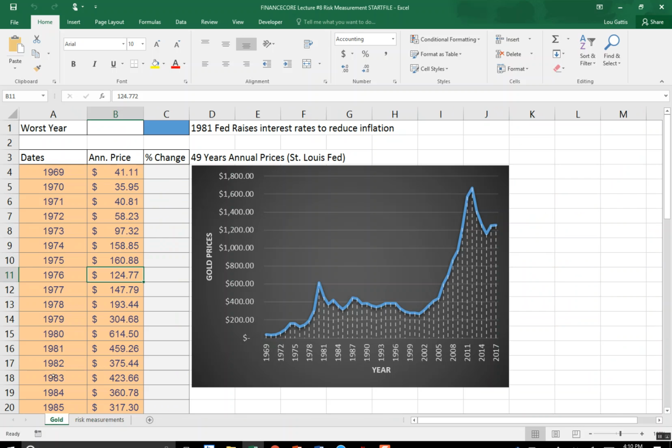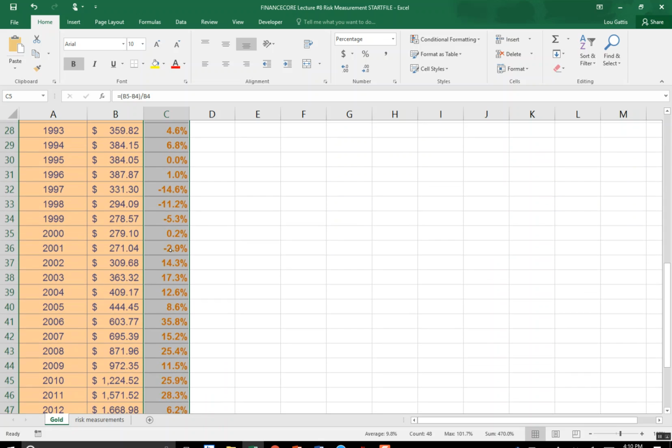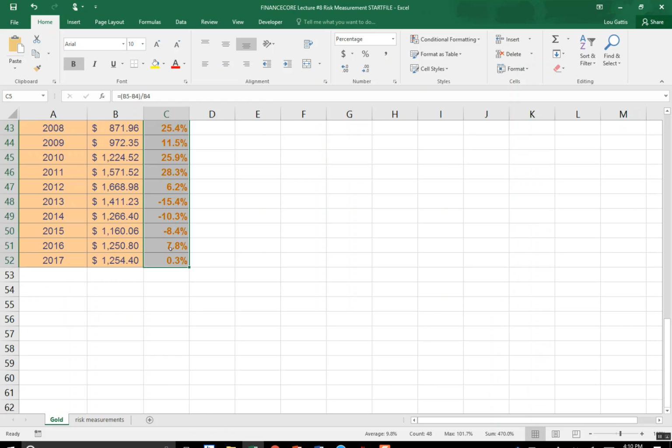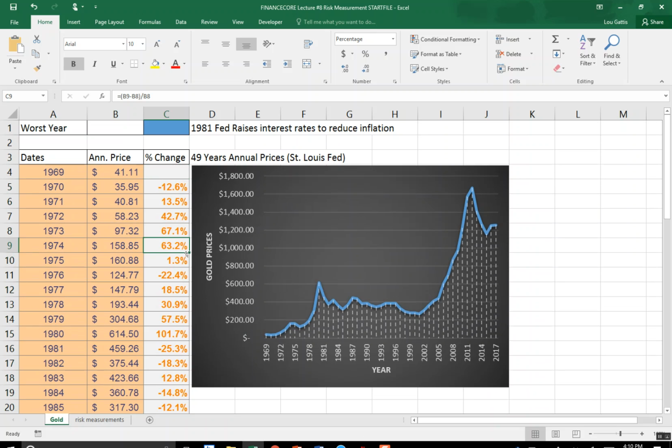I'm going to go onto the gold sheet, and let's take a look at the historical appreciations of gold. From 1969 to 1970, the 1970 price minus the 1969 price over the 1969 price, that was a 12% decrease in the price of gold. I'm going to copy that down. Now we see the percent changes in gold from 1969 to 2017.